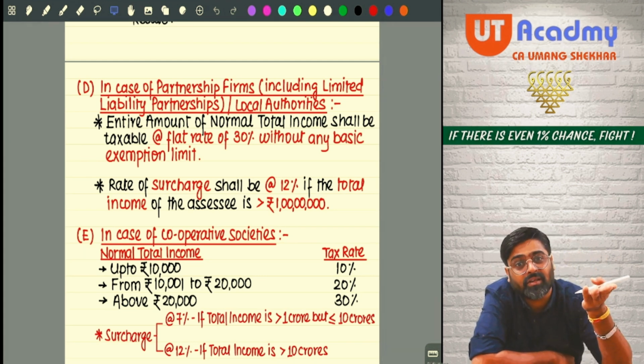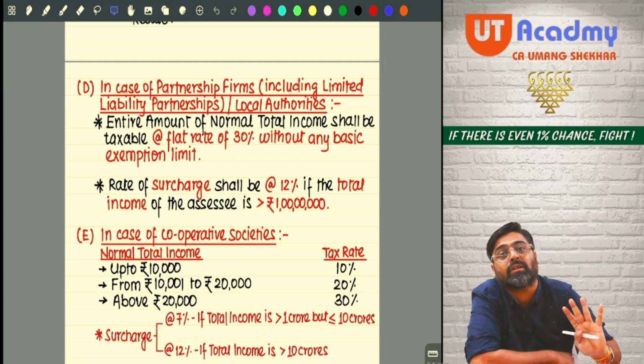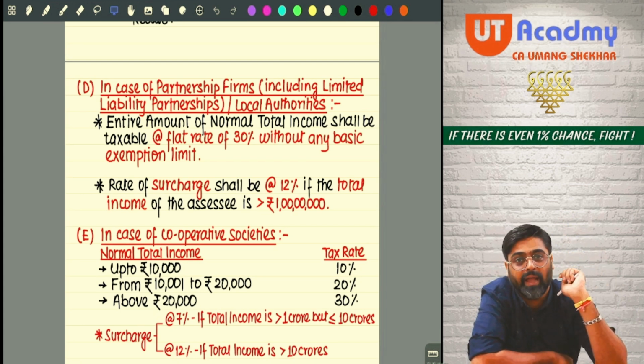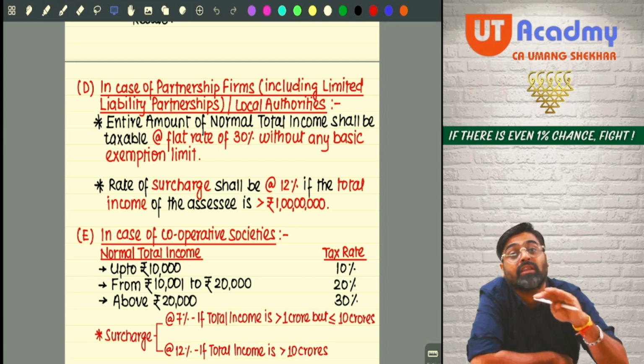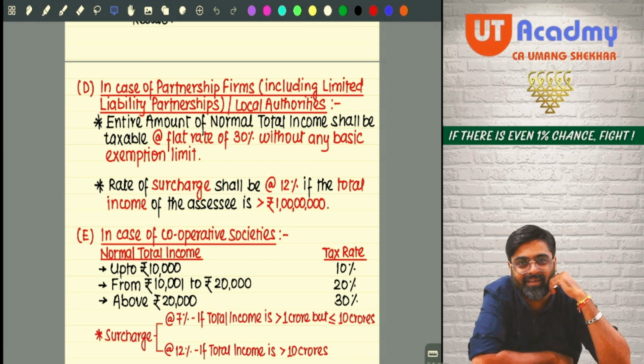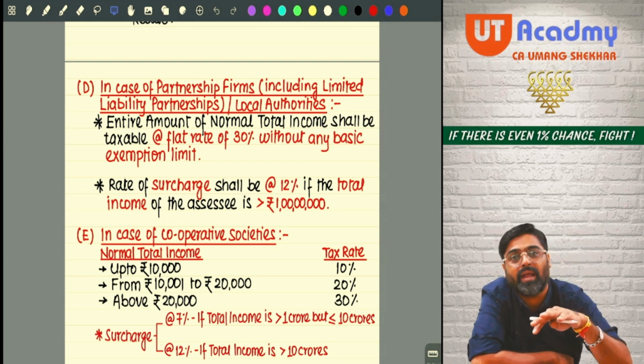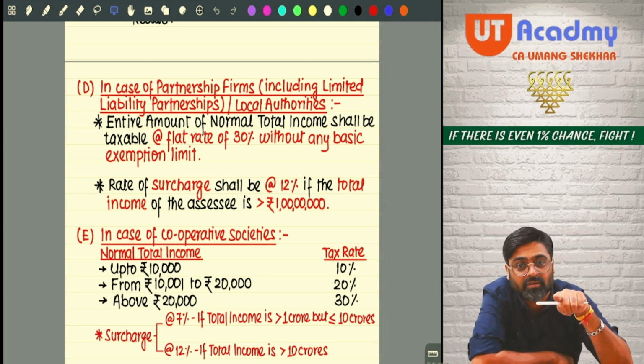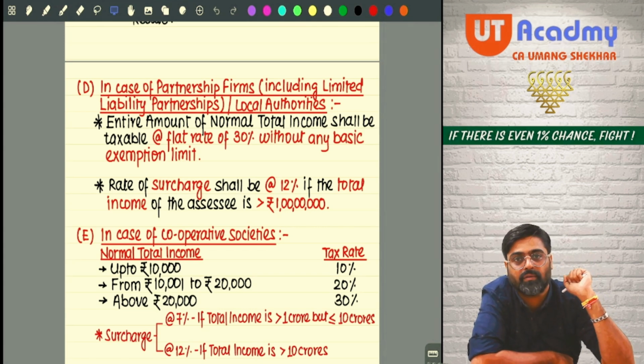So their normal tax rates are not given in slabs. It is a flat rate. Hence, their normal tax is known as flat rate. But for individuals, HUF, AOP, BOI and AJP, the normal tax rates are given in slabs. Hence, their normal rates are treated as slab rates.